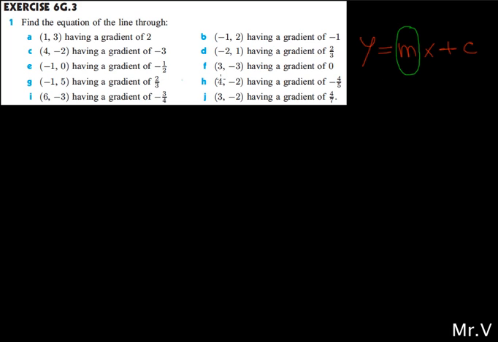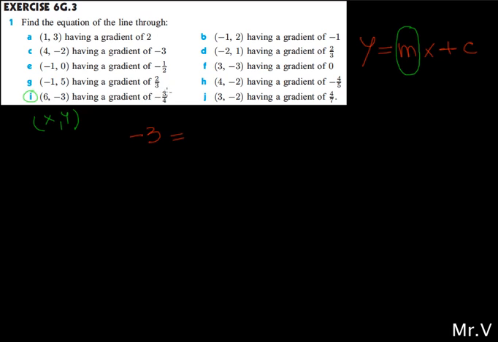The way to do it is just replace the value of the gradient in the equation, and as we know, the point that goes through the line is the point that makes this equation true, so the values of that point can be replaced in the equation. So I'm going to do this example, and as you see, my y is -3.